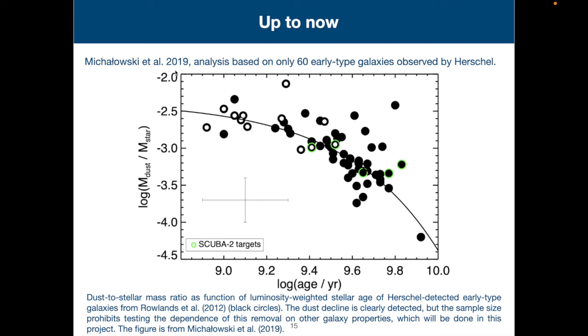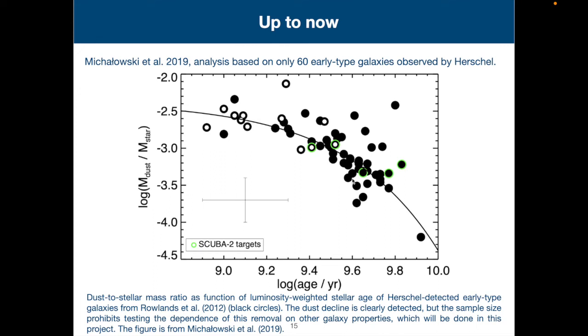There is evidence of an exponential decrease in the dust mass with the mean stellar age for early type galaxies. This was based on only 60 early type galaxies observed by Herschel. The sample size did not allow studying the dependence of the dust decline as a function of other galaxy properties, prohibiting full understanding of this process.